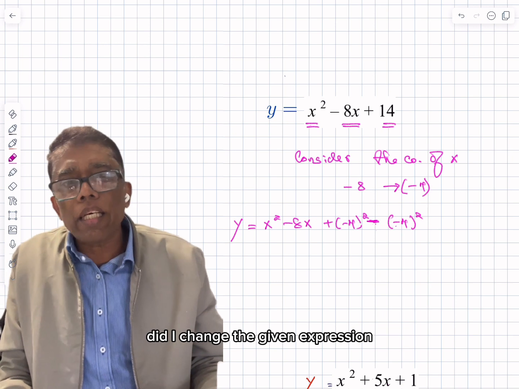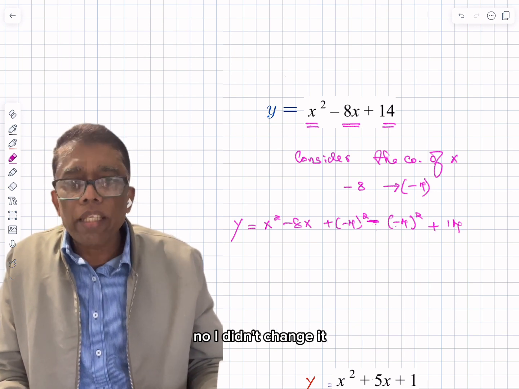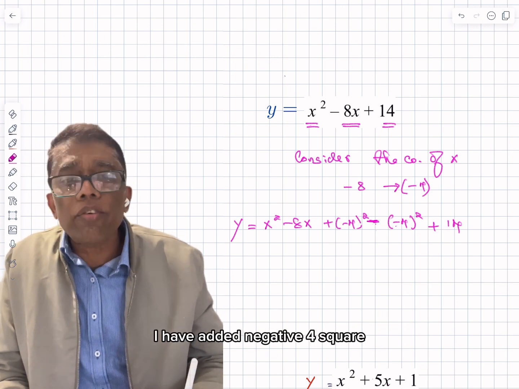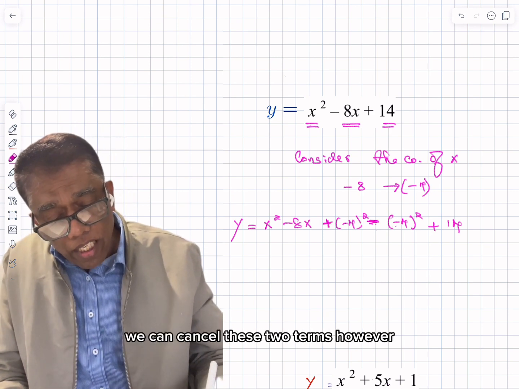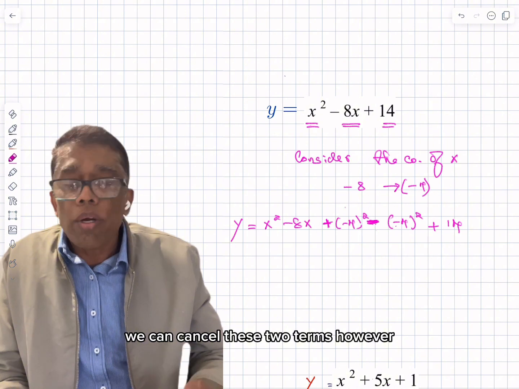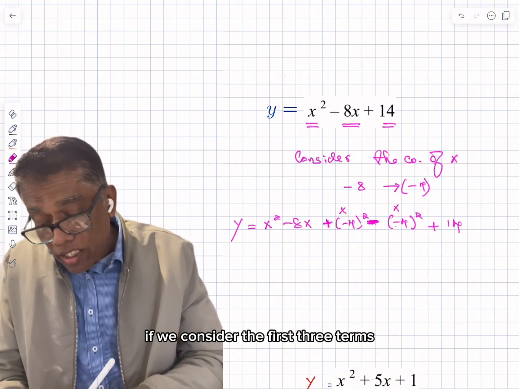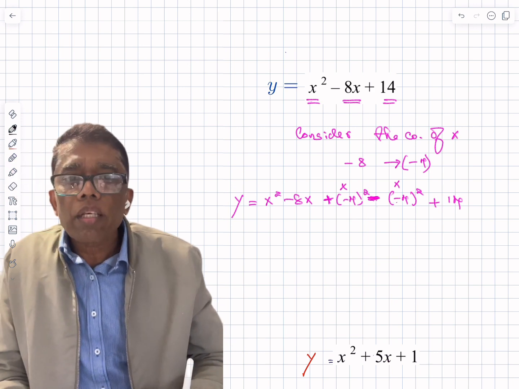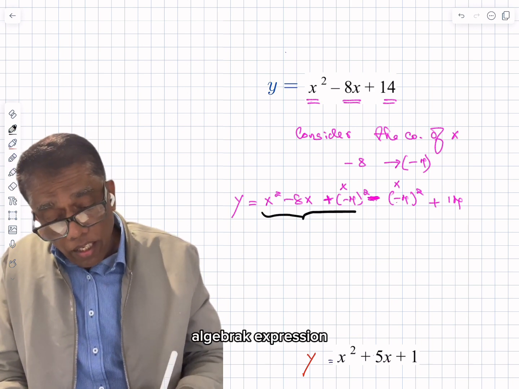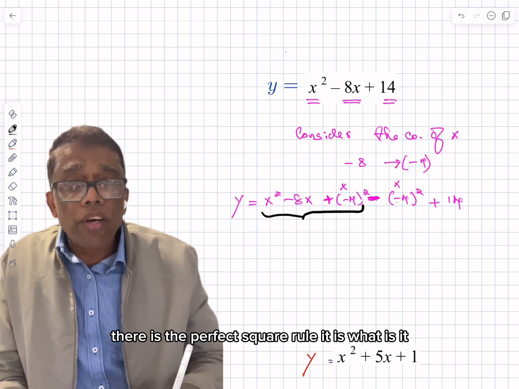Did I change the given expression? No, I didn't change it. I have added (negative 4) square as well as subtracted it, because if we want, we can cancel these two terms.